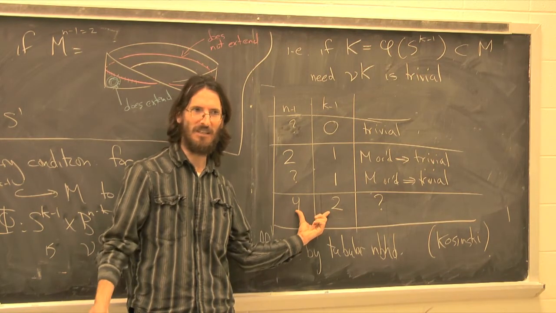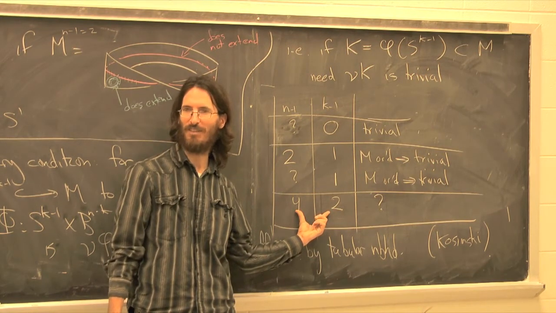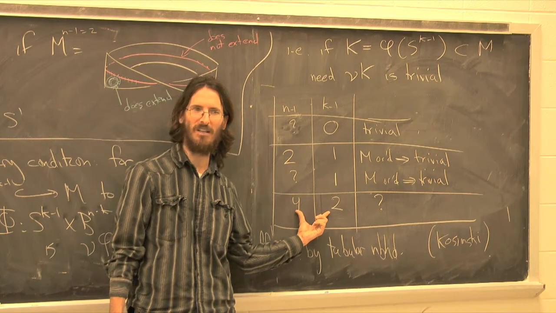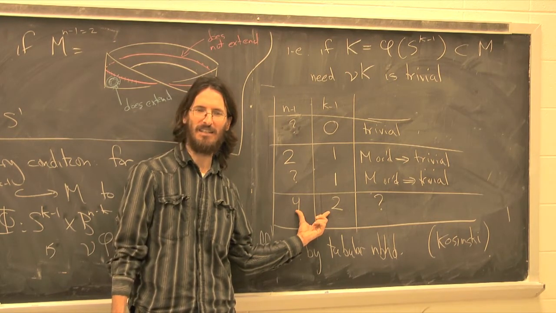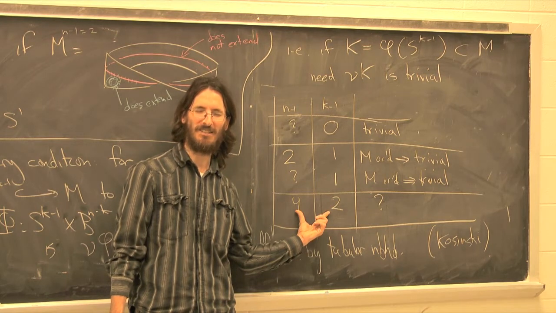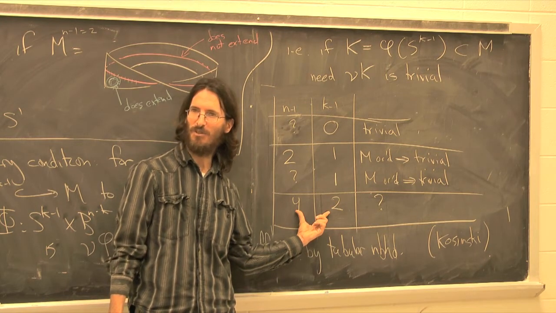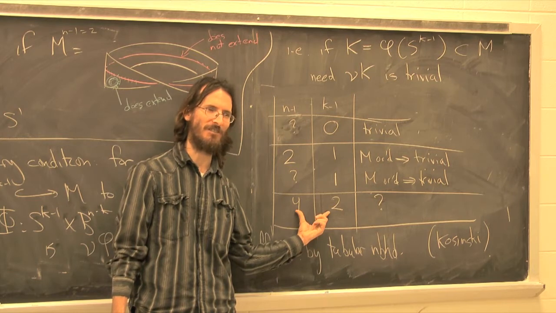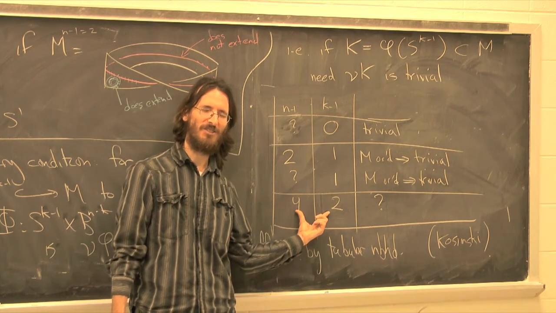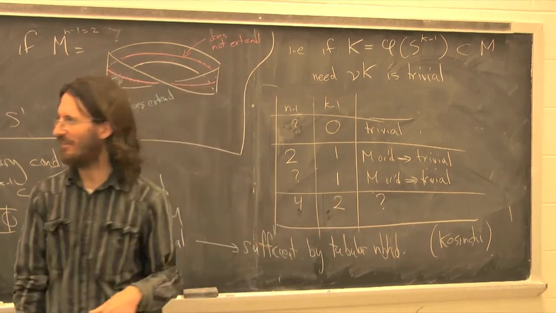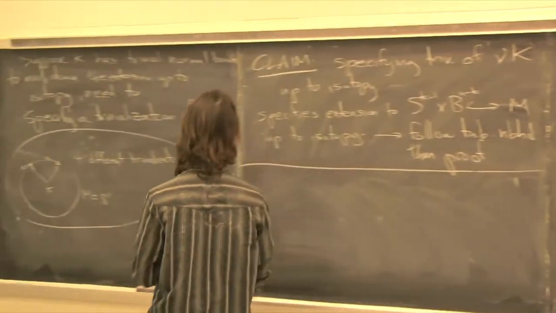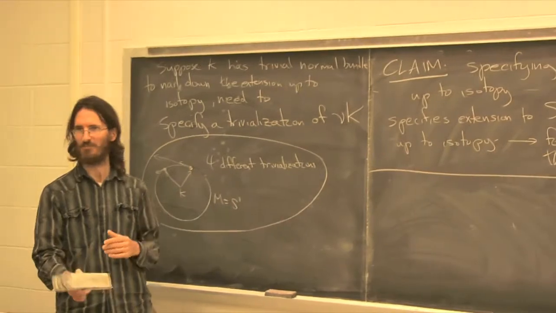And they can be interesting or different 2-spheres. And if they have trivial normal bundles, you can think about what kinds of trivializations they can have. And I forget the answer. I think that there's actually only 2. There's just 2 possible trivializations of a trivial normal bundle of a 2-sphere in a 4-manifold. And so it's sort of things in higher dimensions. There's a lot of special cases and different behavior and so on.